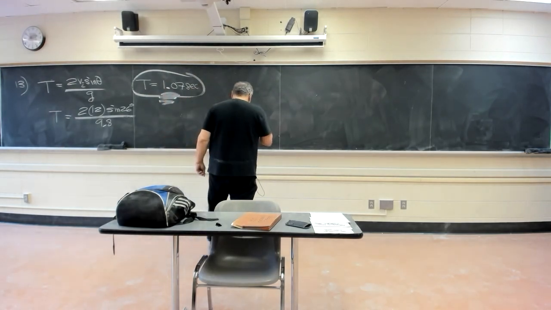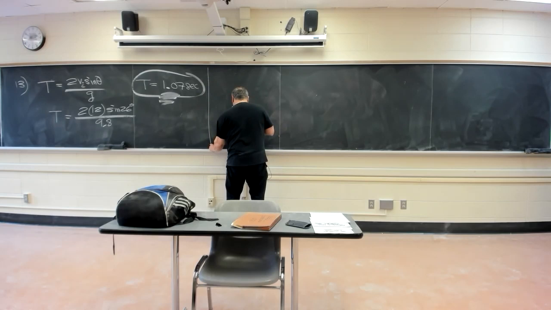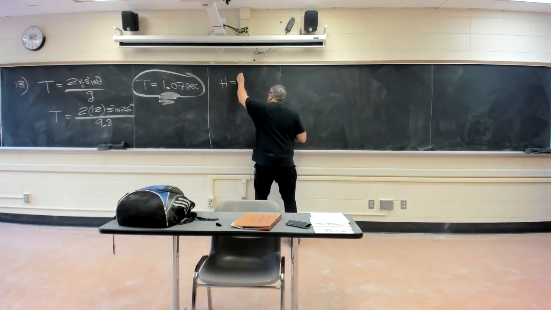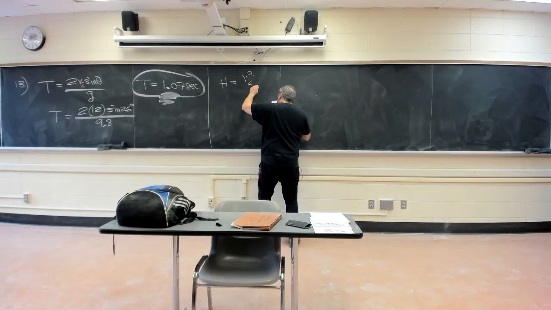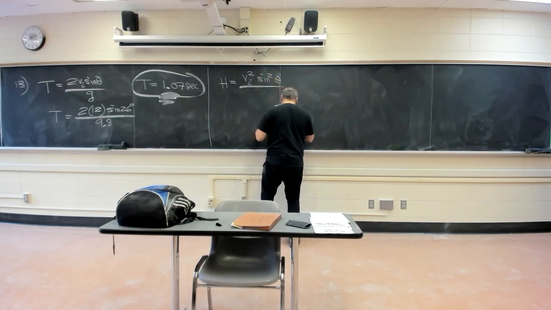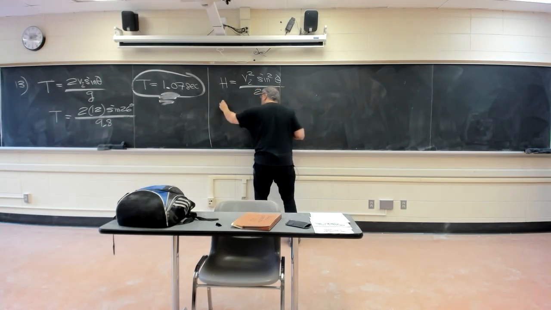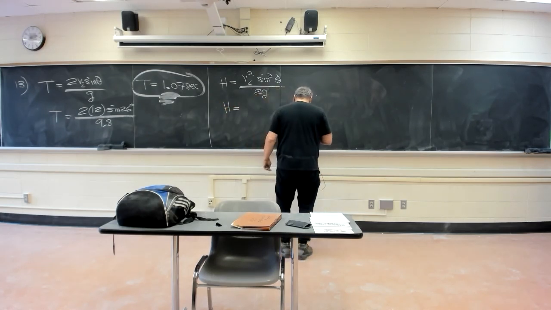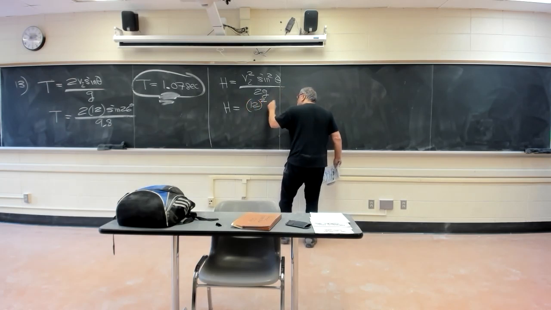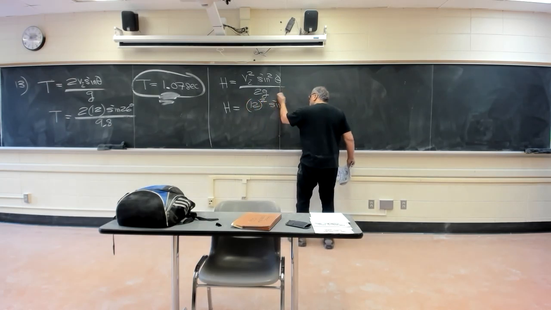Sounds good to me. How high did they go? Well, we talked about that height situation. The derivation of it is pretty clear. It's been done a number of times. The height we're reaching here goes: vi is 12, sine squared, get the sine of 26 degrees.